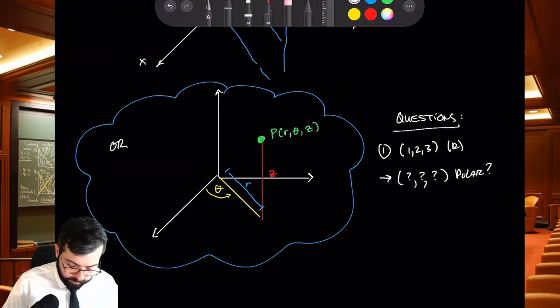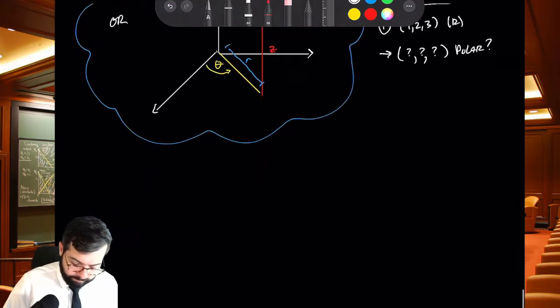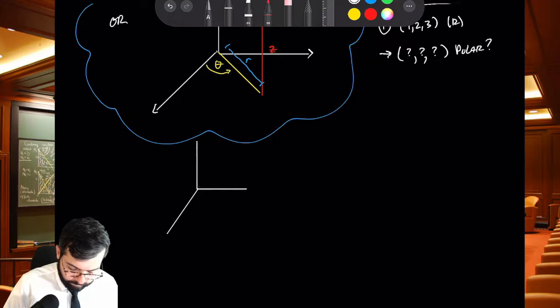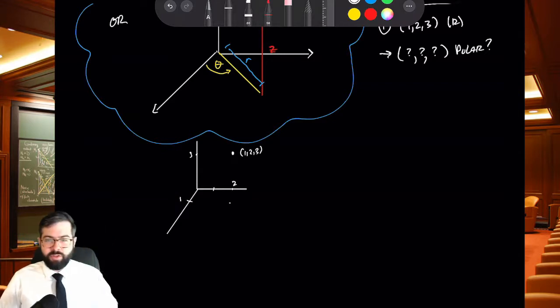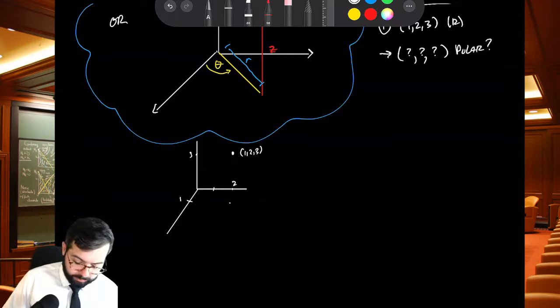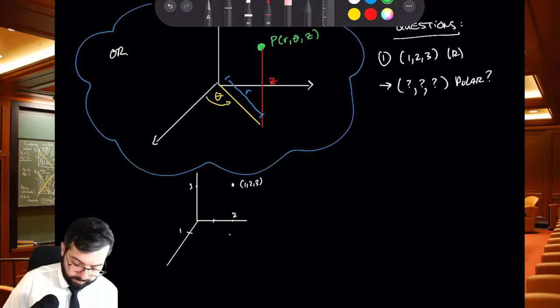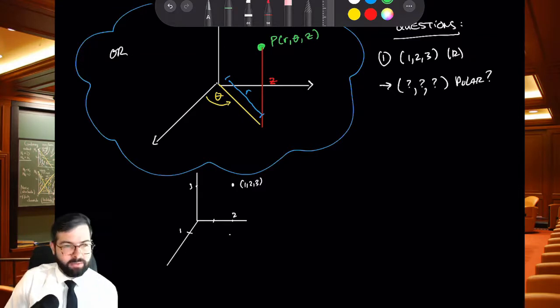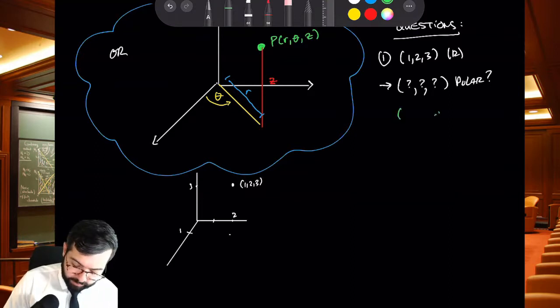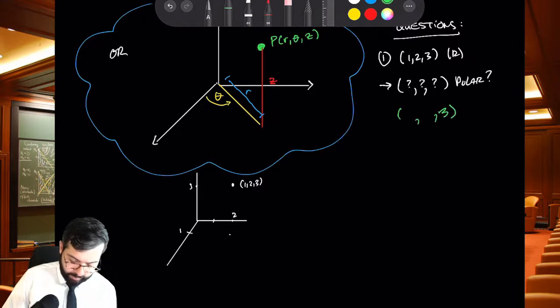So point 1, 2, 3: out 1, over 2, up 3. How would we represent this in cylindrical coordinates? Well, what do we need? We need the z height. Well, z is just the same z height, right? That's how high up you are along the axis. So we know that one.